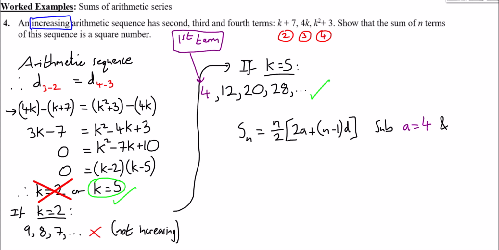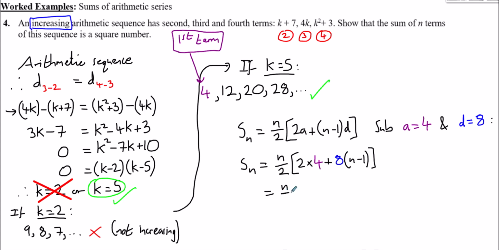This is going up in 8s. So if we sub in a is 4 and d equals 8 into this expression, Sn is n over 2, 2 times 4 plus d, which is 8, lots of n minus 1.